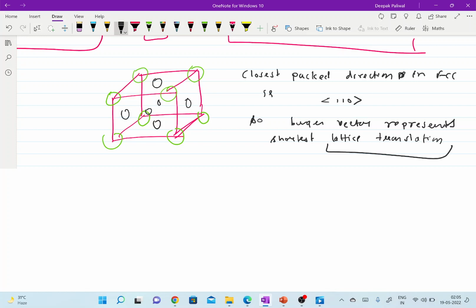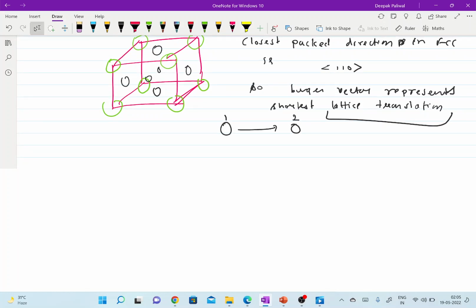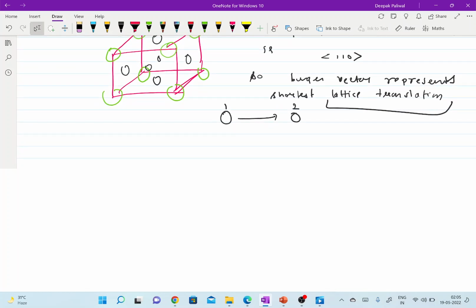When I say lattice translation, it means that when we move an atom from one position to another position, our translation symmetry, all the symmetries, remain preserved. Then only can we call it a lattice translation. Otherwise, if the symmetries get disturbed, that would not be a lattice translation.